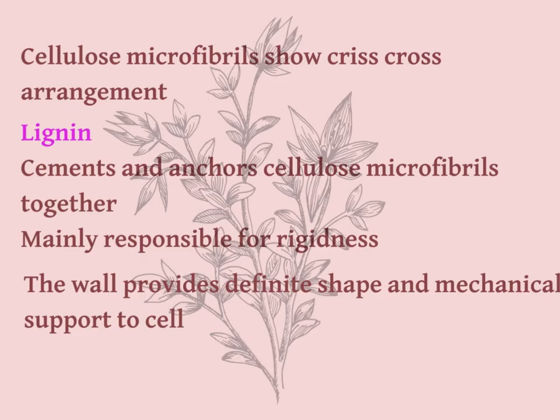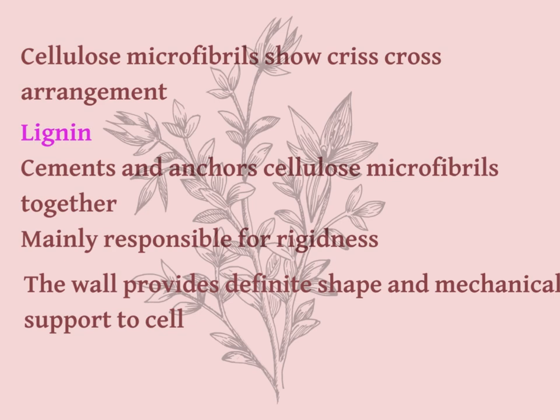Now, cellulose microfibrils also show a crisscross arrangement in secondary cell wall. Lignin, the other major component of secondary cell wall, cements and anchors cellulose microfibrils together. It is mainly responsible for rigidness of secondary cell wall.